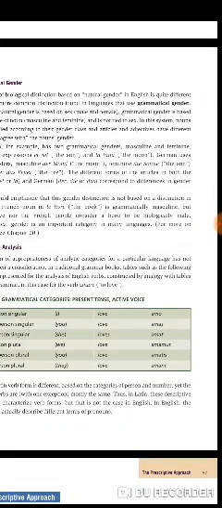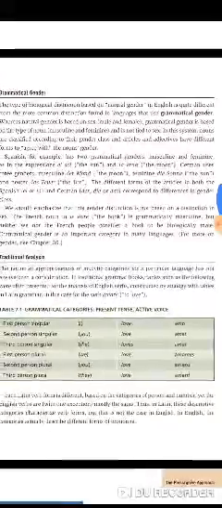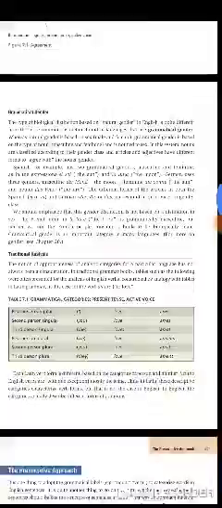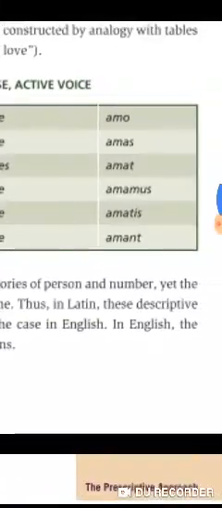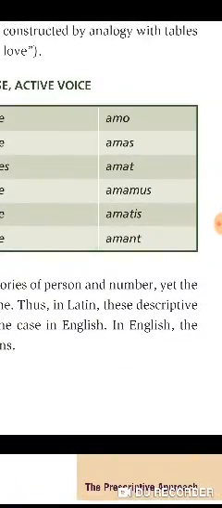Okay, so far so good. How many different categories are there here? 1, 2, 3, 4, 5, 6. Six ones. What about Arabic?